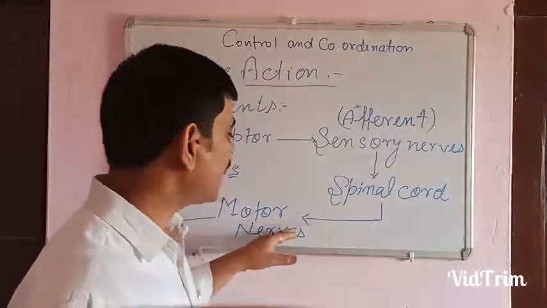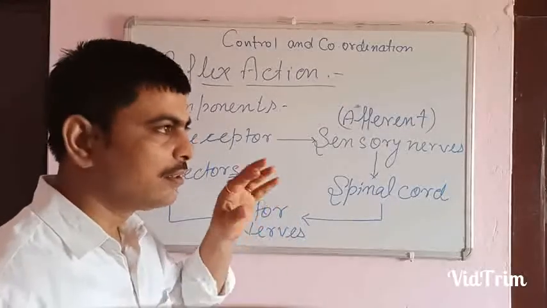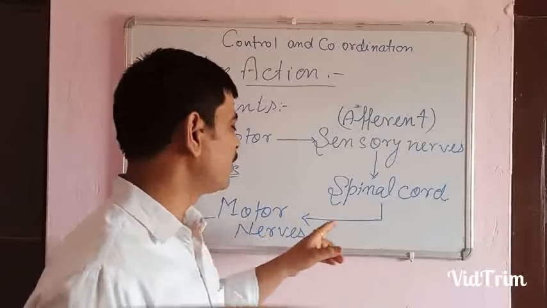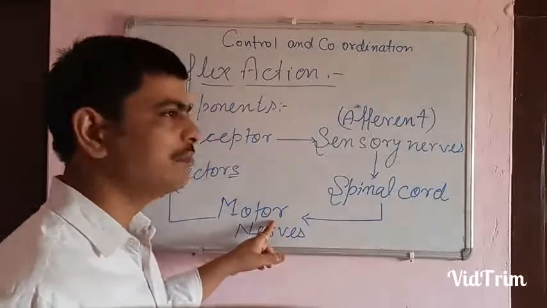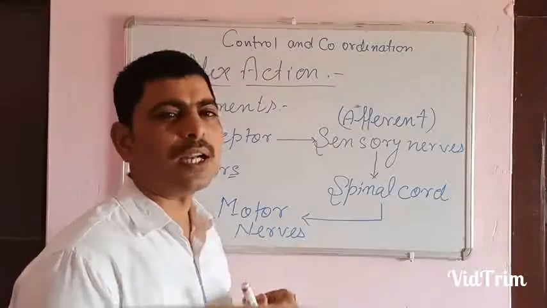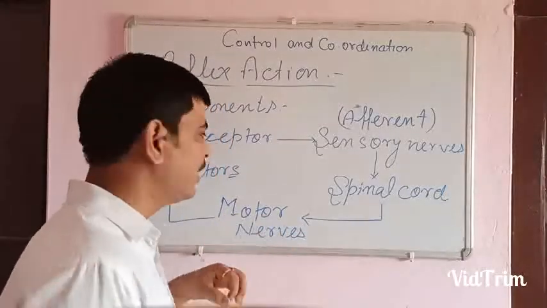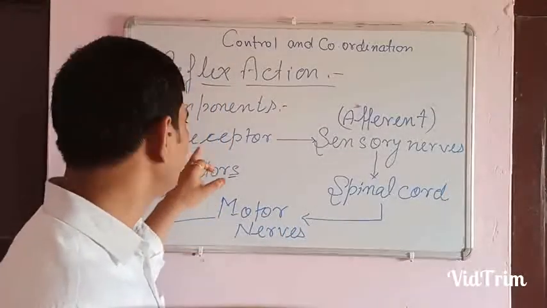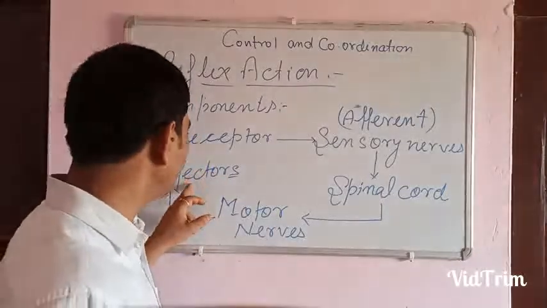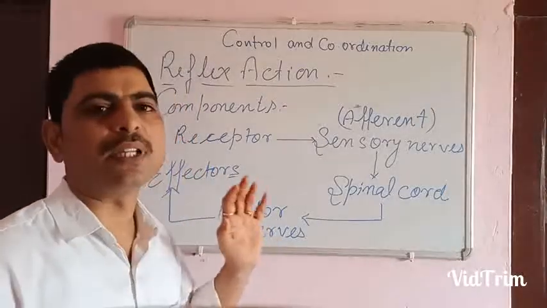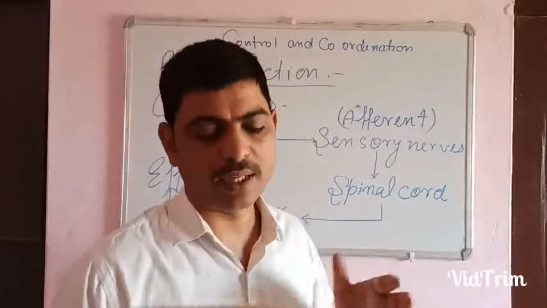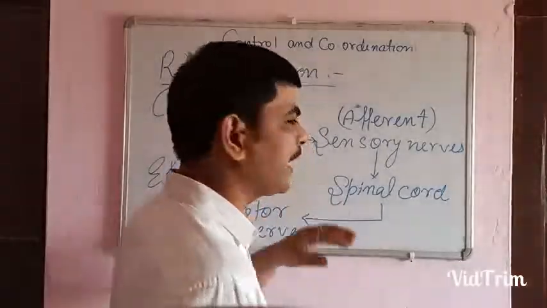Motor neurons are efferent nerves. These bring and they carry. These motor nerves are connected with the muscles, and muscles contract to pull the hand back. In this way the effectors, where the receptors are, there are the effectors, and this effector region is pulled back to escape from the excess heat sensed by the receptor cells. So this is the mechanism.